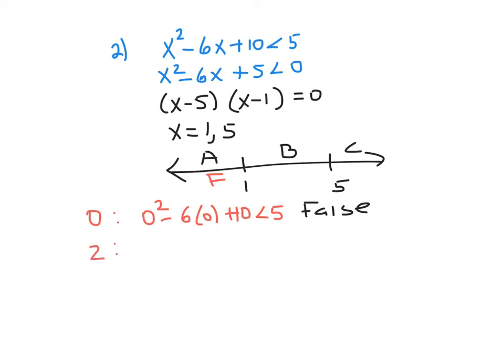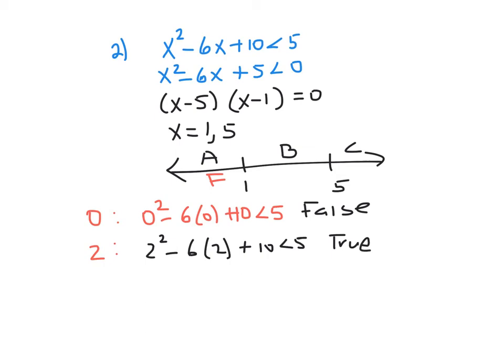When I plug 2 in, 2 squared minus 6 times 2 plus 10 is less than 5. This is 4 minus 12 plus 10, which is 2. Is that less than 5? That's true.